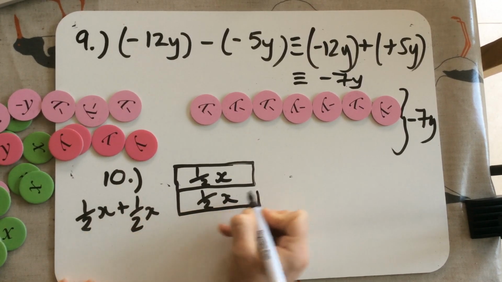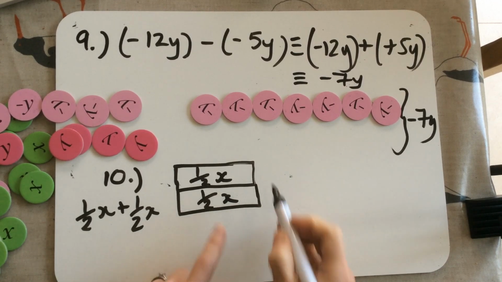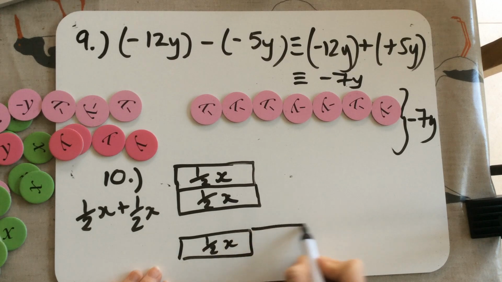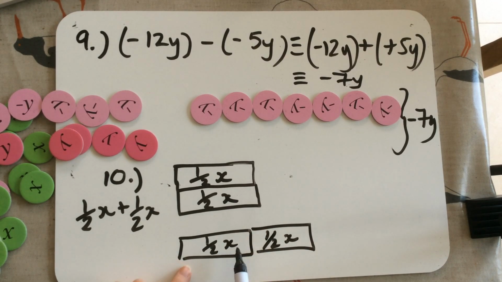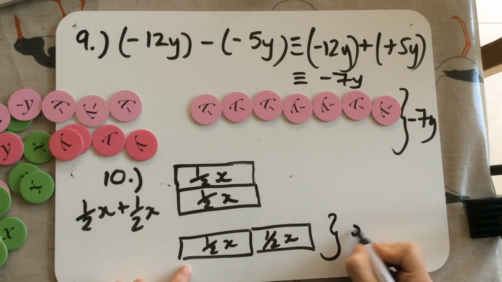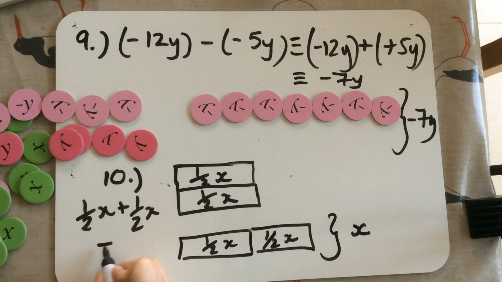So I'm drawing two bars of a half x. I need to collect together my positive x's. And then sum. So I know that a half x add a half x makes a sum of x. So a half x plus a half x is identical to x.